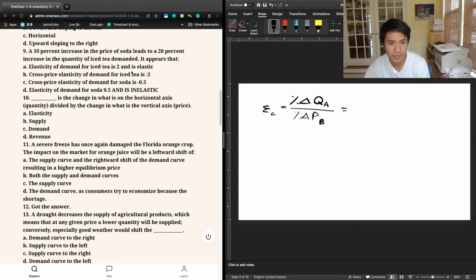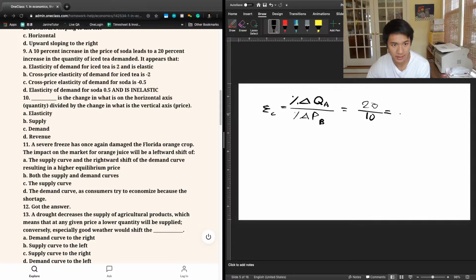So for cross-price elasticity of demand for iced tea, a 20% increase in quantity demanded happened, so 20 divided by a 10% increase in the price of soda, and so that's going to be 10% on the bottom.